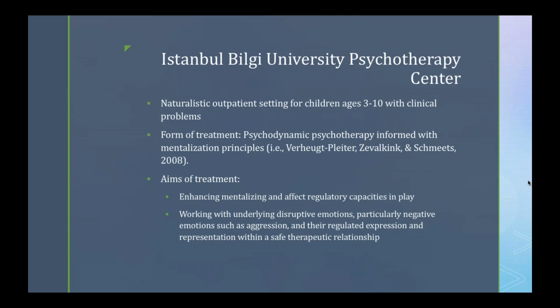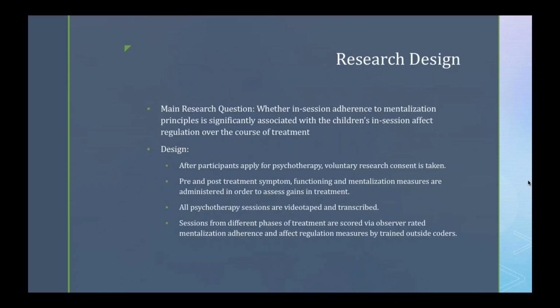So this is the context of my research within this naturalistic setting. My research focuses on psychodynamic psychotherapy process with children, primarily with internalizing and externalizing problems. And I'm particularly researching the development of mentalizing and affect regulation capacities of children over the course of treatment.